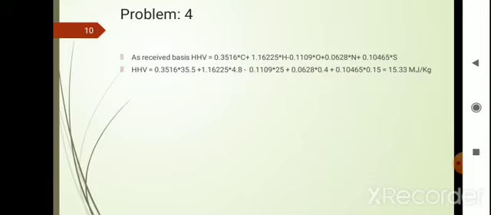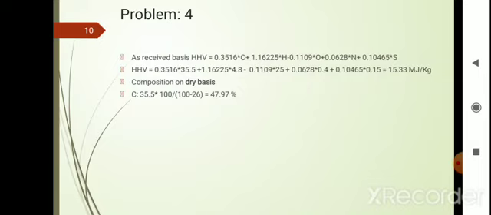Now we have to calculate all these on dry basis. So this was as received basis when the moisture is present, and on dry basis means we will remove the moisture completely. So what will be the composition on dry basis? It will not be the same.